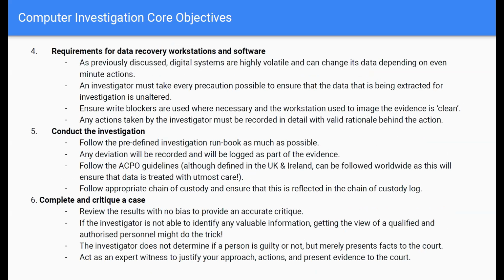And then once you've cleared all that, you'll also need to know what kind of requirements there are for data recovery workstations. Initially, I briefly touched on a hardware forensic tool called a write blocker.